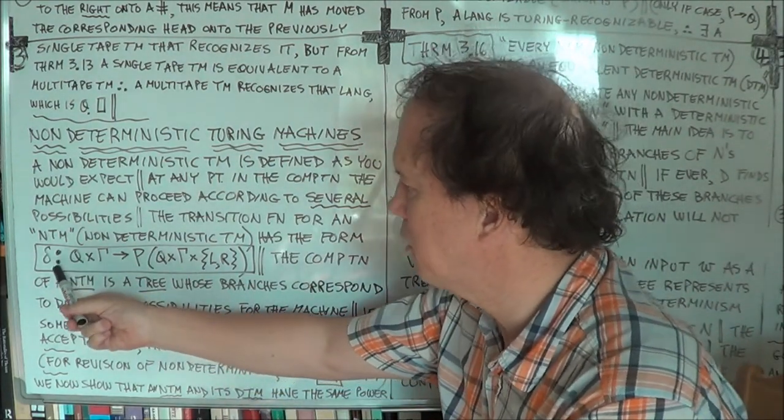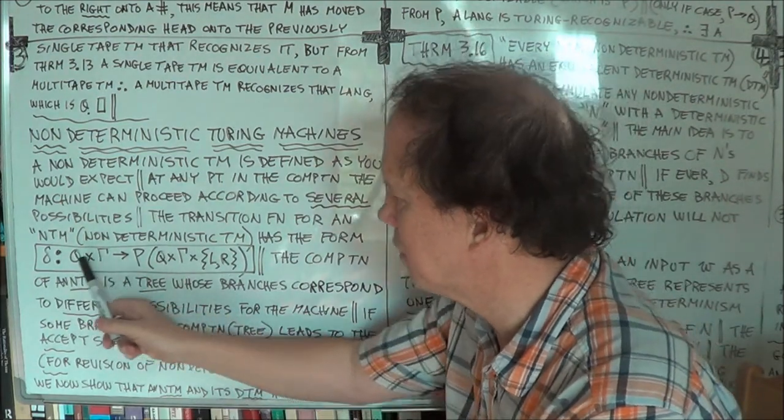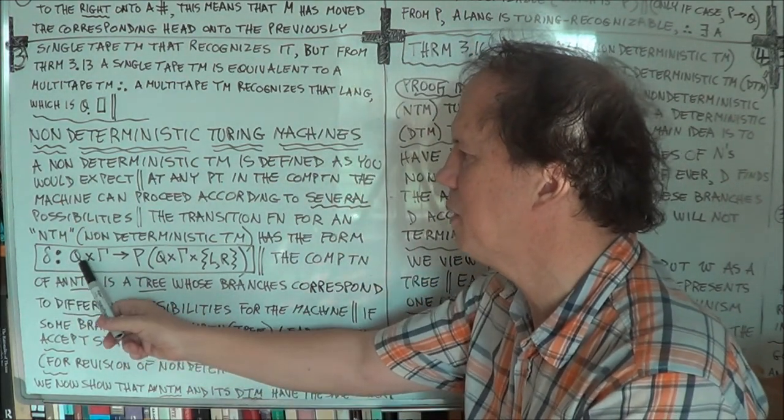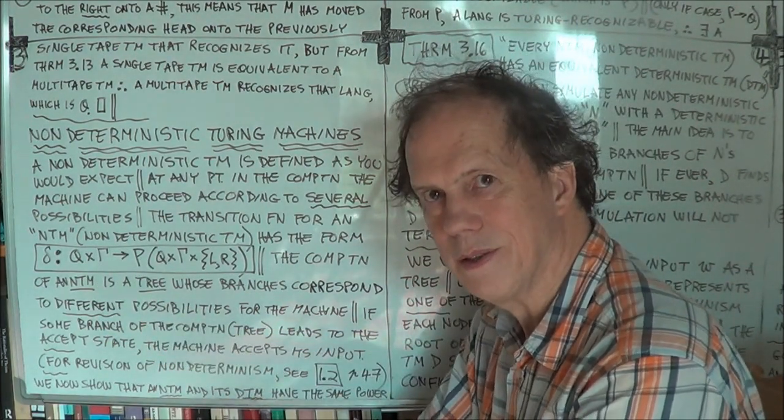So you'll need to modify your transition function to this. All that's the same. And remember, when you have non-determinism, this P here is the power set. Remember the definition?